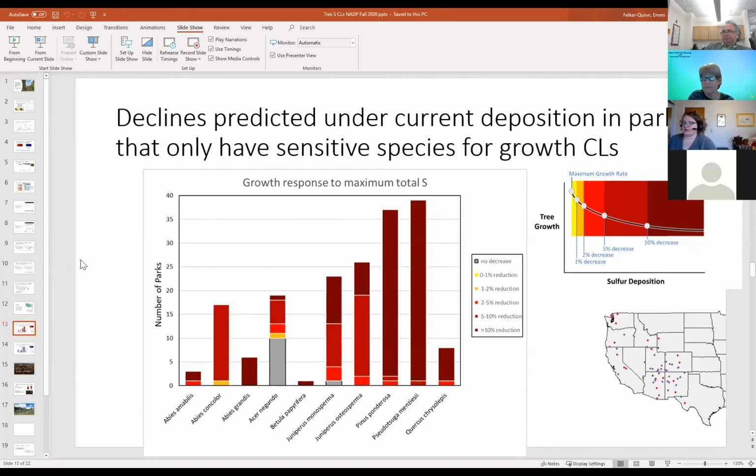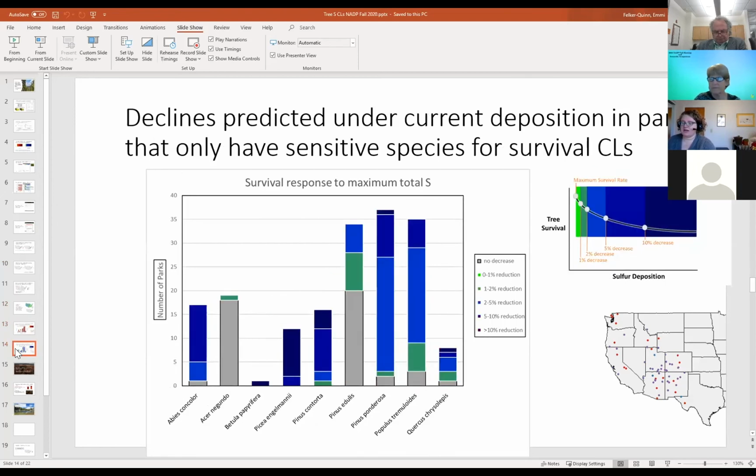And you can see that for many of these species in this western range of parks, we would predict more than 10% reduction in growth rate based on these relationships and current deposition rates. There's a similar but not quite as dramatic pattern for sulfur effects on tree survival, where we have declines predicted in many of these parks.